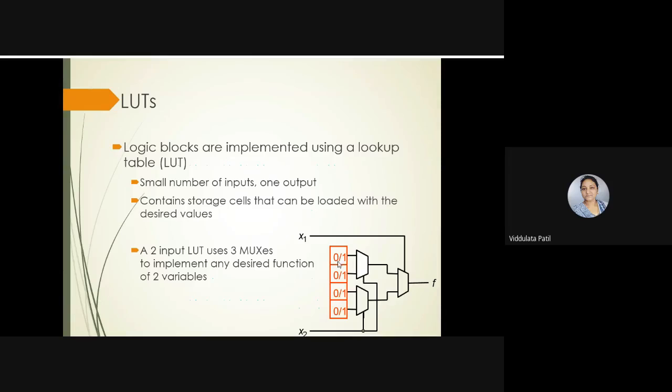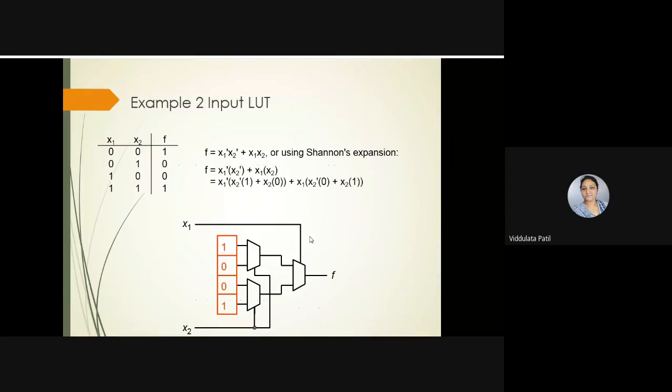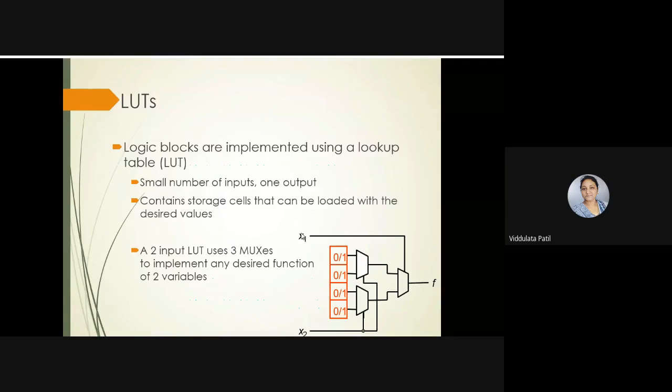It may be either 0 or 1, so that logic level is applied. Then the inputs are used as select inputs for these multiplexers. Depending on the logic level present at the select inputs, that is x1 and x2, either 0 or 1 will be selected.